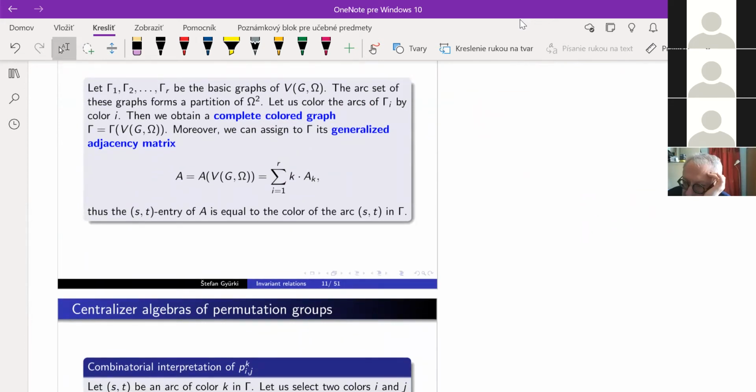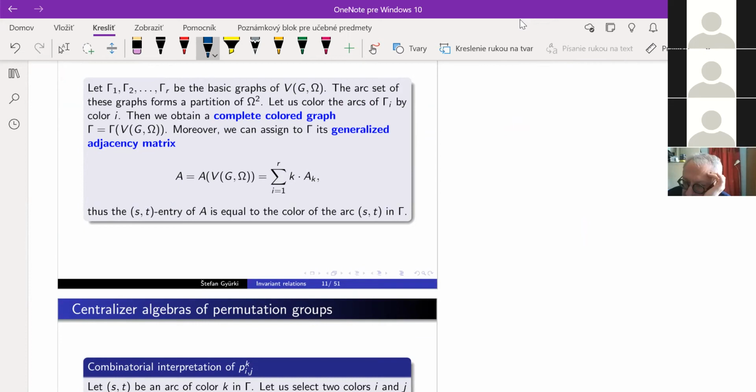So let's switch to the language of graphs a little bit. To each basic relation we can form the basic graph, and we will denote them gamma 1 up to gamma r. We know that these graphs form a partition of the second Cartesian power of the ground set omega.